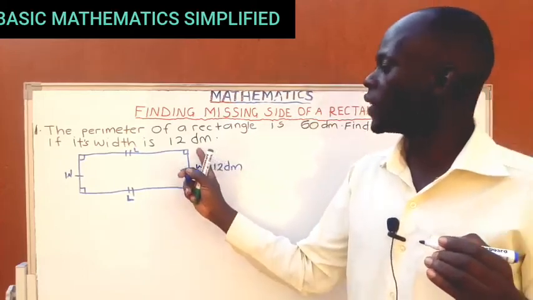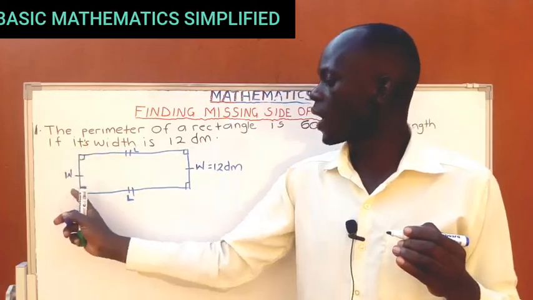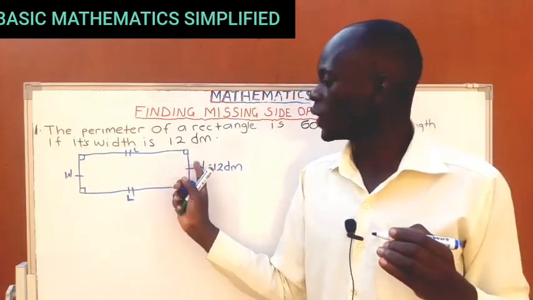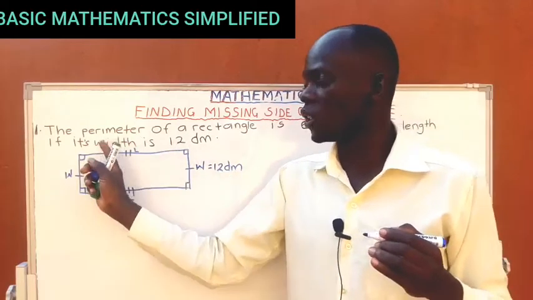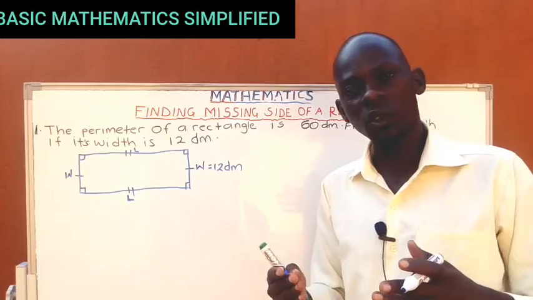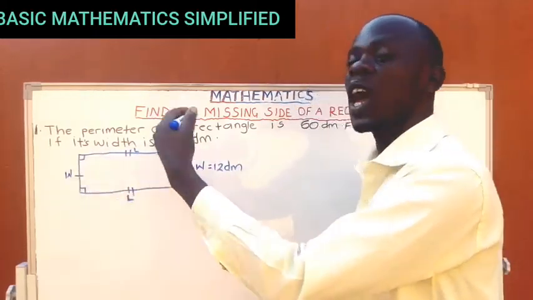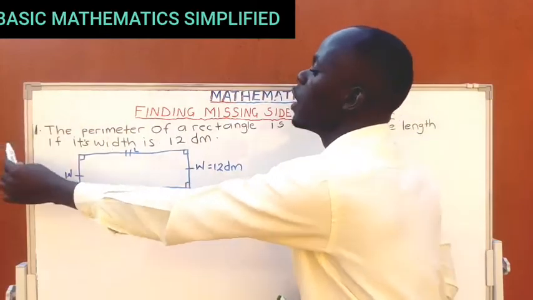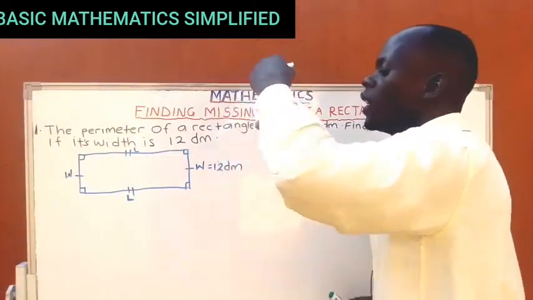Remember, perimeter is the total distance round a given figure. Total distance round, not around. I want us to be clear there. Perimeter is the total distance round a given figure. When you say around, you can even move here like this, and that one becomes around.